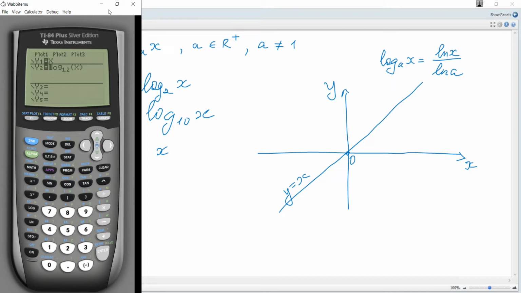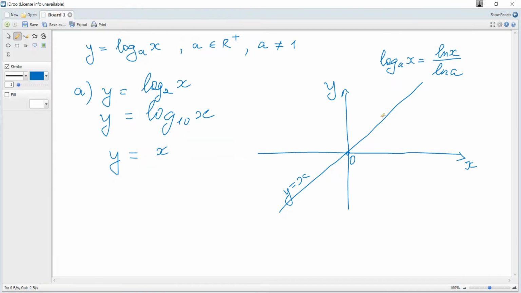You can easily plot log to the base 2 of x and log to the base 10 of x, and they both pass through (1, 0), and log to the base 2 looks like this, and log to the base 10 will be below here and closer to the y axis, something like this.